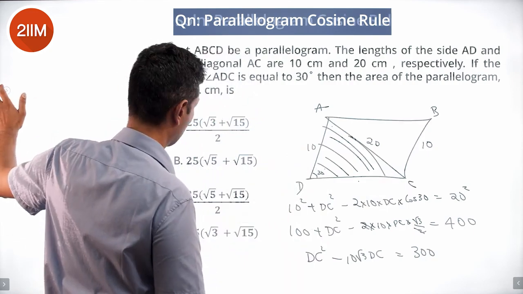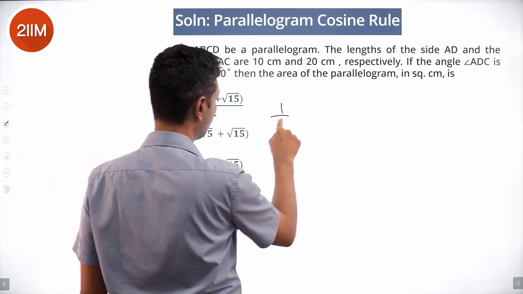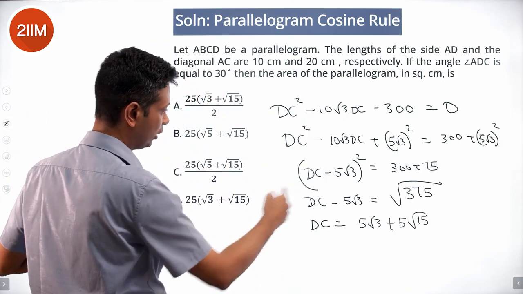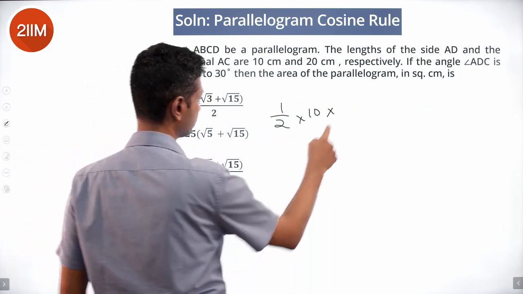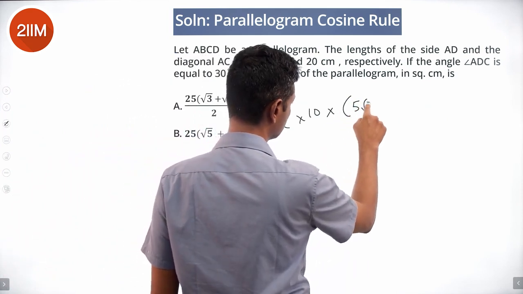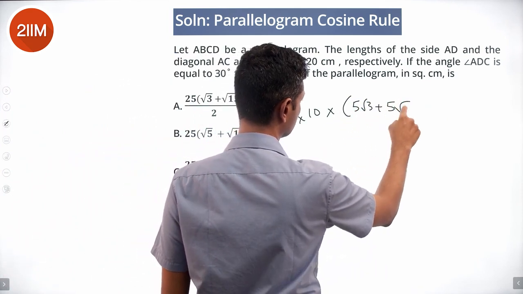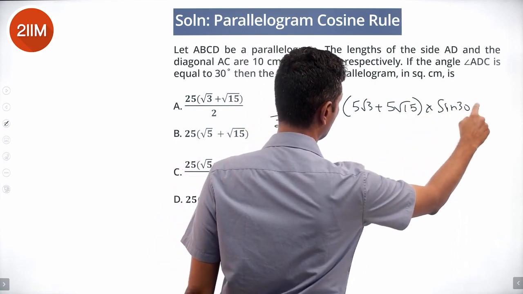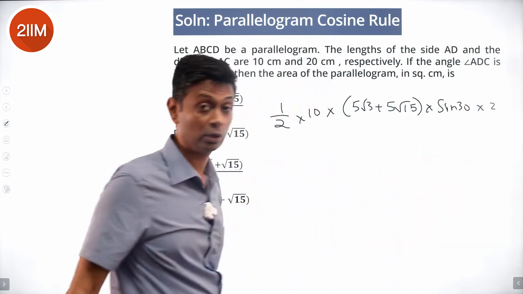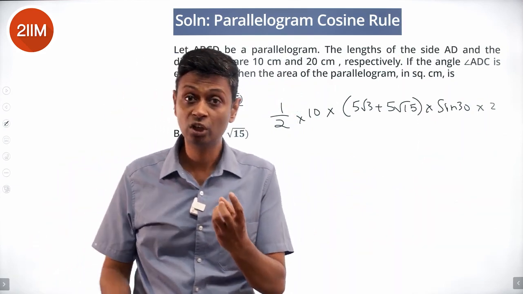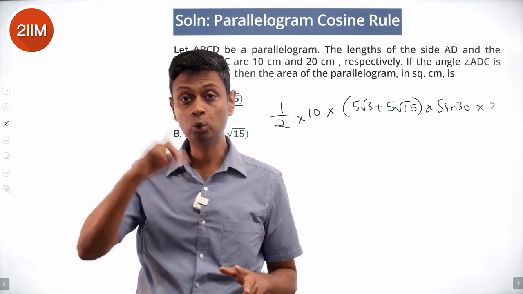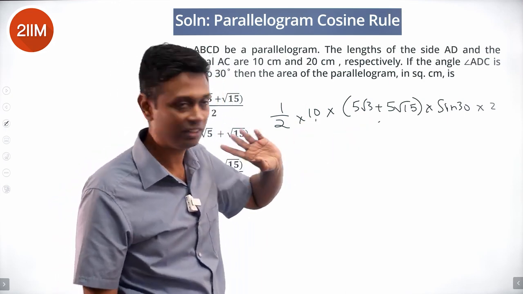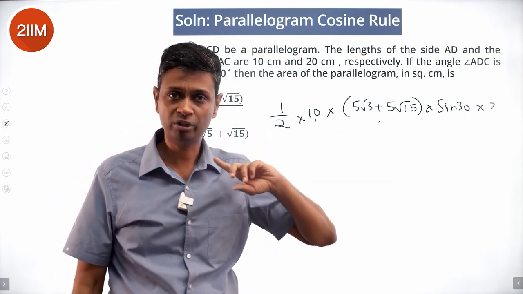So area of the parallelogram would be half into 10 into 5 root 3 plus 5 root 15 into sine 30 into 2. That's the number we're looking for. Half AB sine C for area of the triangle, into 2 for area of the parallelogram. This is AD, this is DC. We found DC by plugging in cosine rule.